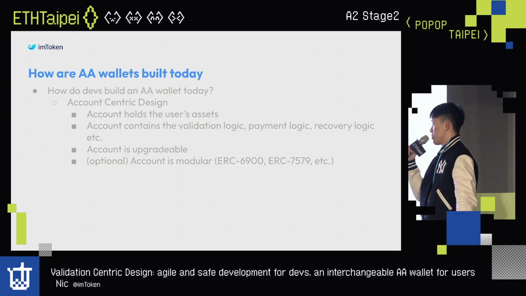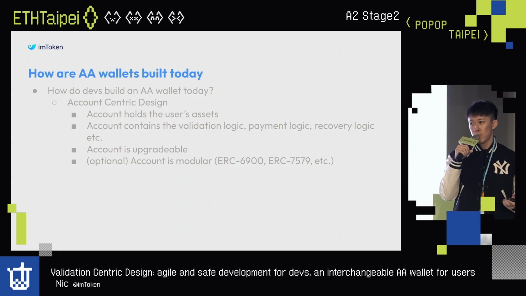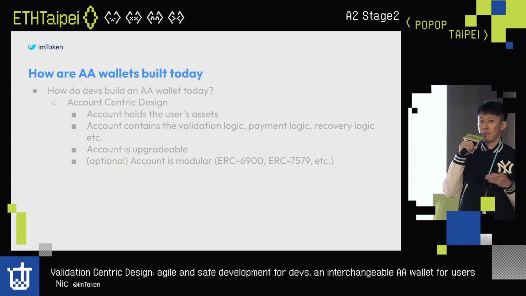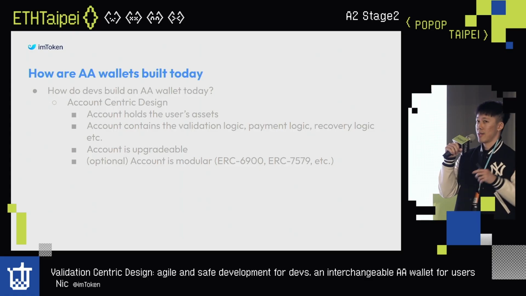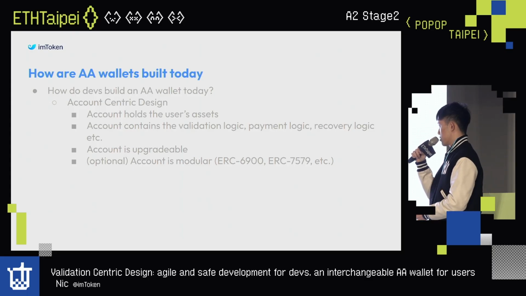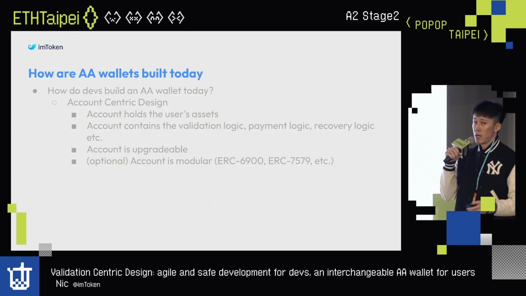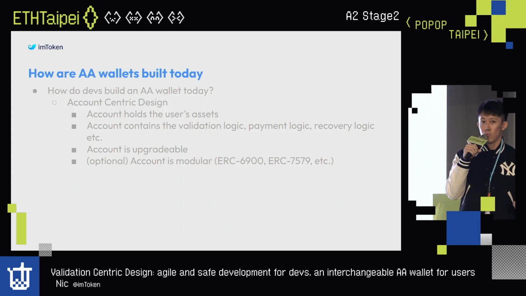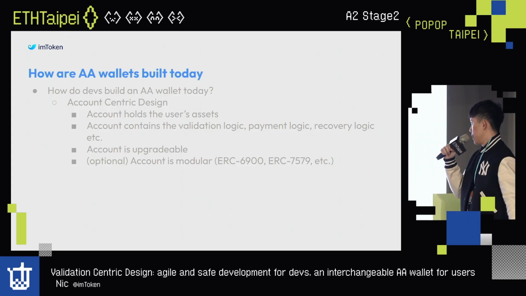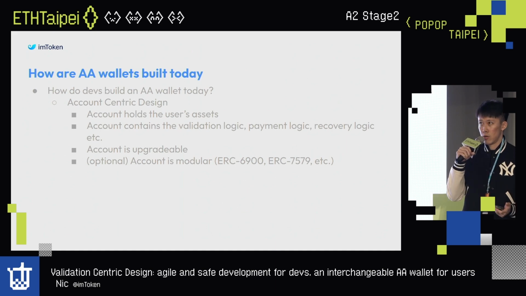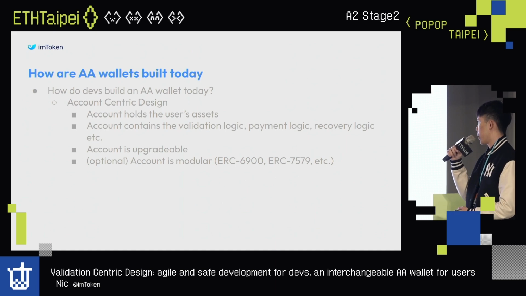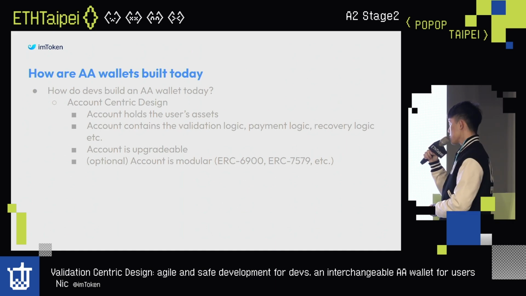The account is also going to be upgradable, because as devs, you know the current version is not going to be your final version. So you have to make it upgradable so you can add new features and remove old features as time goes. Also, this is optional: the account can be made modular. If you're wallet devs, you've probably heard of ERC 6900 or 7579. These are very popular modular standards.